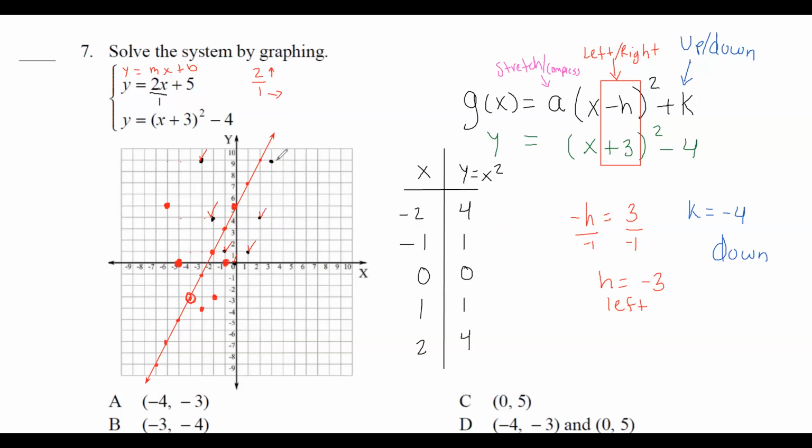And the last one, 3 left and 4 down. There you go. So I should have a graph that looks like this. Beautiful.